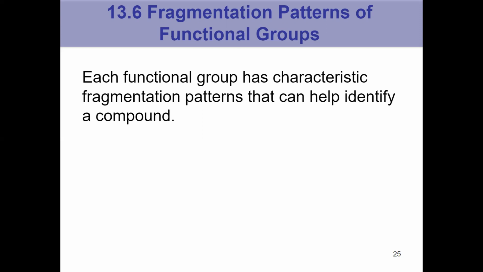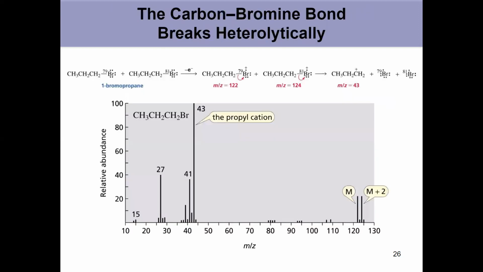Typically, you're going to get a lot of this information from IR, but you want as many tools in your toolbox as you can get. So if you can recognize the characteristic fragmentation patterns, it can help you confirm the functional groups that are present in these molecules. And we're going to consider a couple of them: alkyl halides, ethers, alcohols, and ketones.